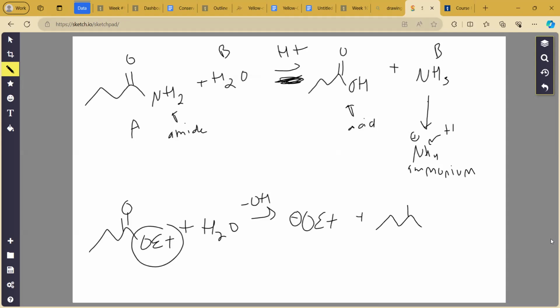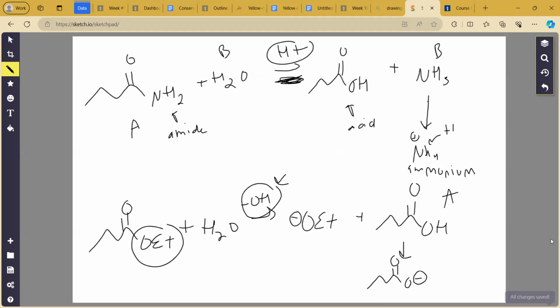And then you're going to have your carboxylic acid. But remember, this carboxylic acid is still an acid. So now that this is a base, this is going to react again. And it's going to form this. So the two important things to remember are that if it is an acid, it will continue reacting. If it is a base, it will continue reacting.